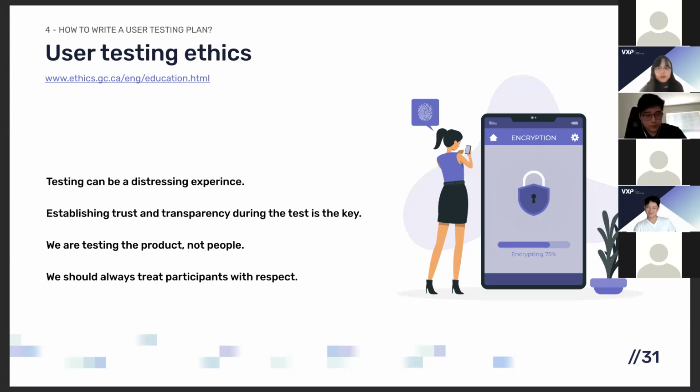So errors are definitely inevitable. And sometimes participants might feel a little bit inadequate because they can't figure out how to perform certain tasks. So it's extremely important that you let your users know ahead of time, and even throughout the entire testing session, that you're testing the product, not the people.